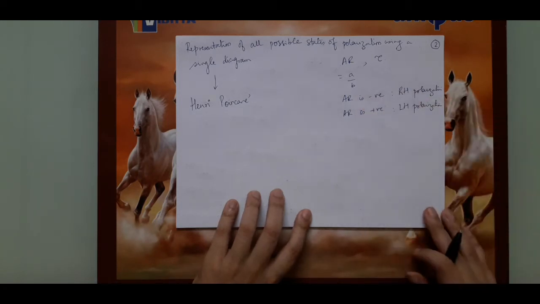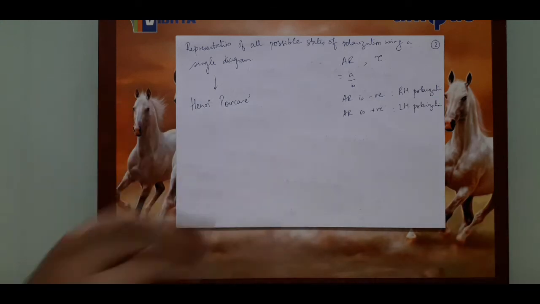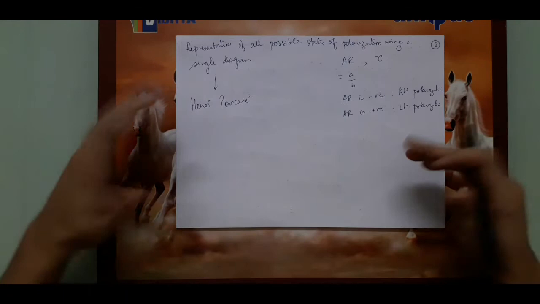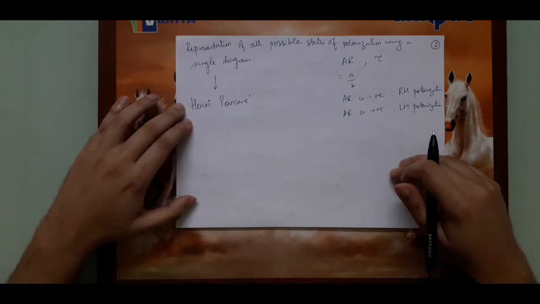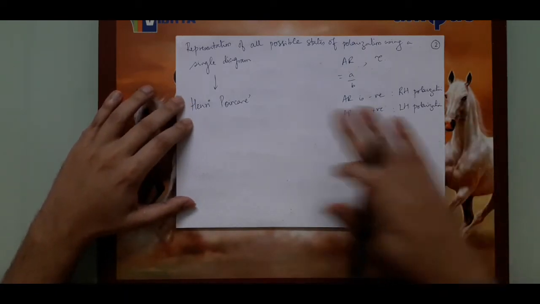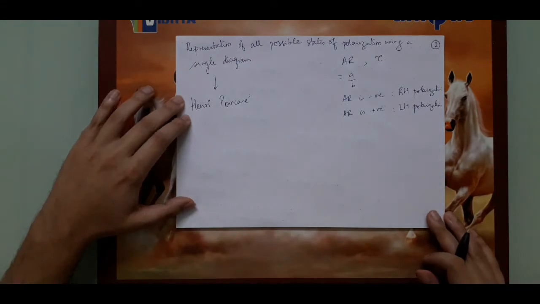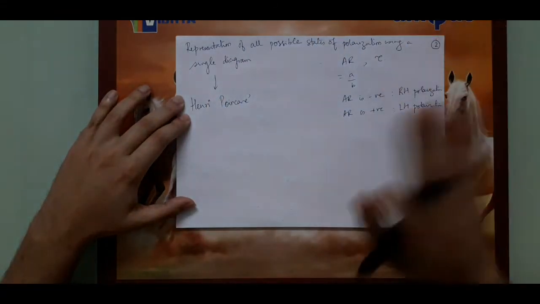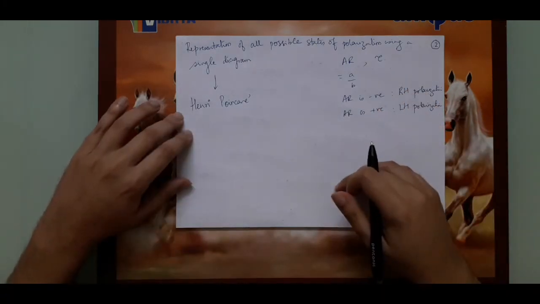Of course, when AR becomes 0, at that time you get a linear polarization. So for that, talking of right hand or left hand, there is not much meaning. So Poincare said that you can represent all possible states of polarization in the form of a sphere.